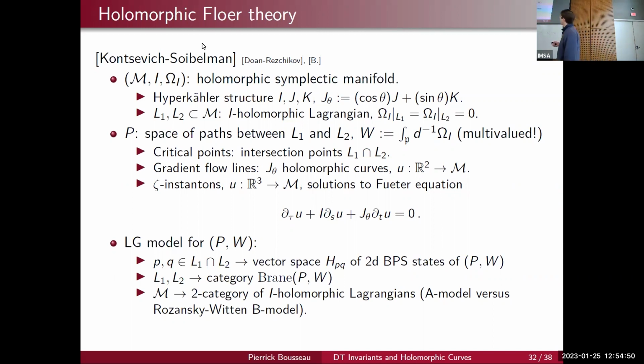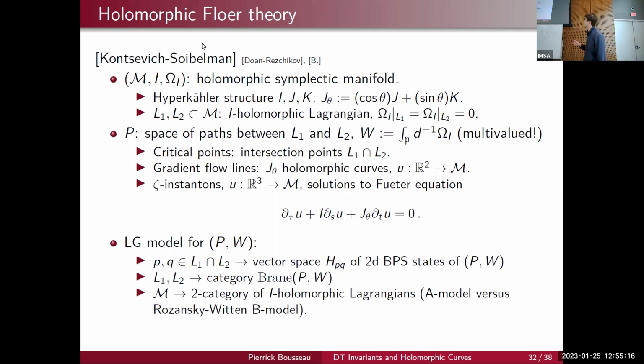And so you get structures like the critical points of this function, which are intersection points of the two Lagrangians, as in usual Floer theory. Gradient flow lines, which will be J theta holomorphic curves. Maybe I should mention that in this picture, for gradient flow lines you can consider the real part of W rotated by phase theta, and then the corresponding gradient flow lines are exactly the J theta holomorphic curves that we care about.